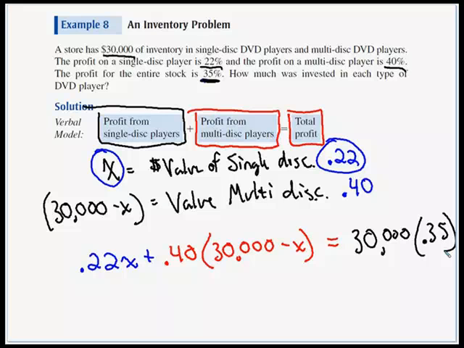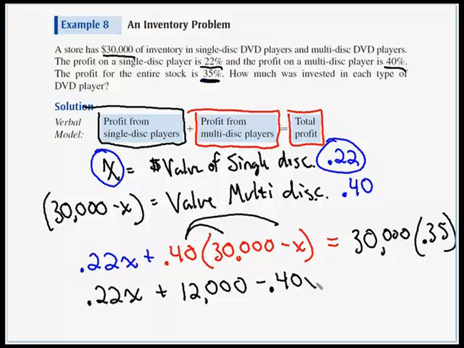All right, let's start working our way through this. Step 1 is going to be to distribute that 0.40. So here we're going to have 0.22x plus 30 grand times 0.4 is $12,000. And we distribute the 0.40 to the minus x, so minus 0.40x equals. And then we multiply 30,000 times 0.35.